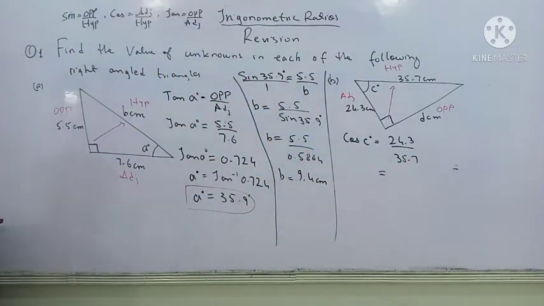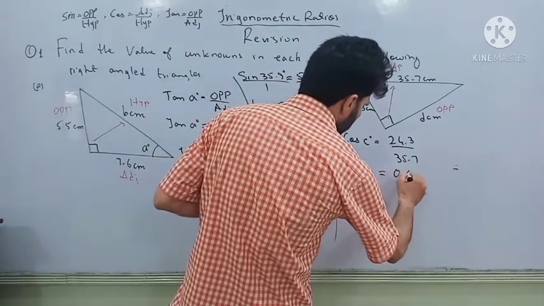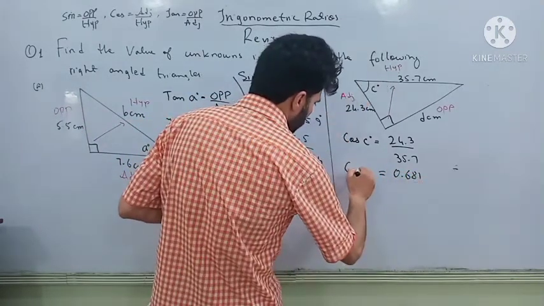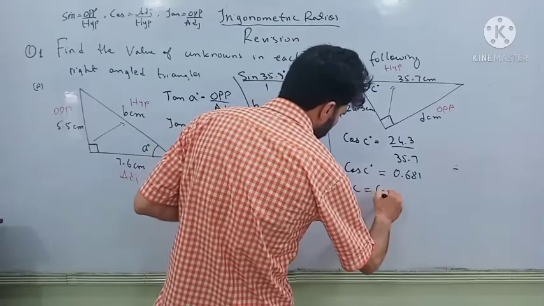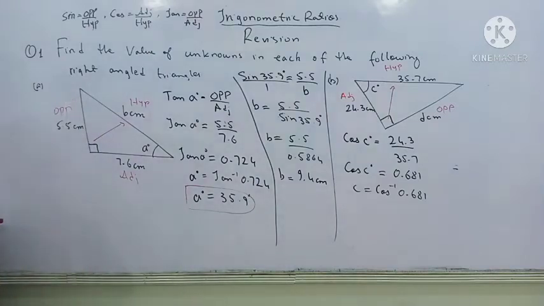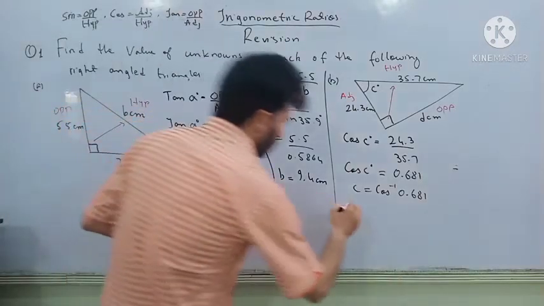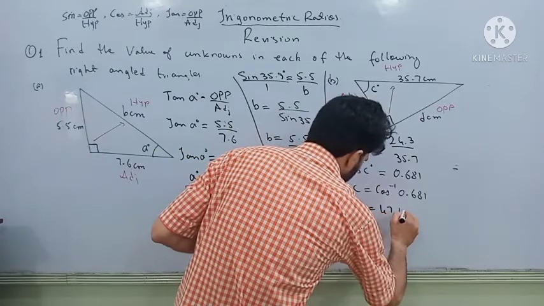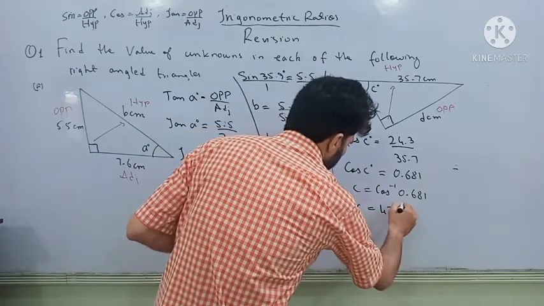So check the values. 24.3 divided by 35.7, that is 0.681, cos C, then take cos inverse, that is 47.1, 47.1 degree, right?